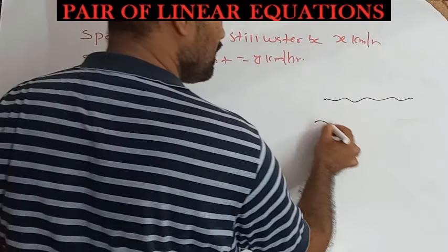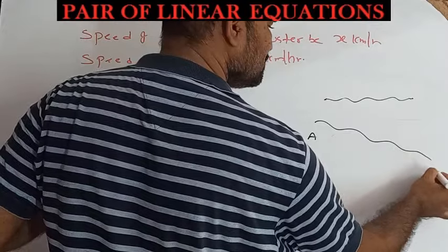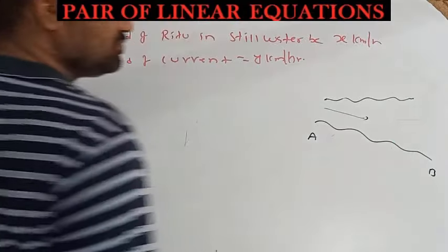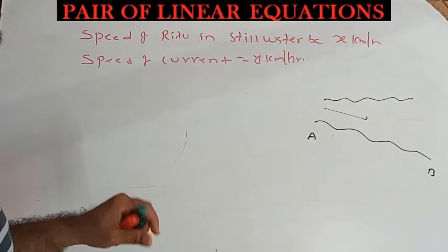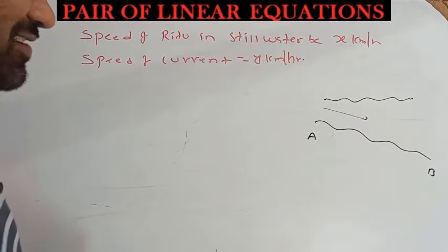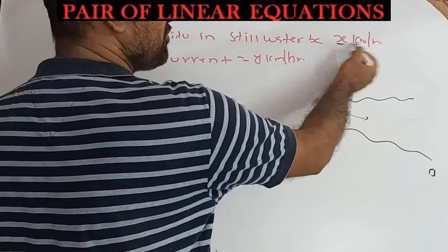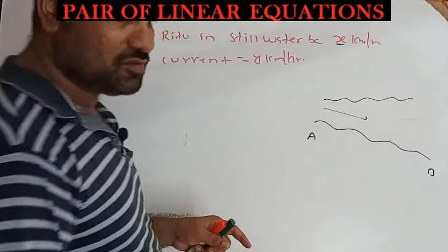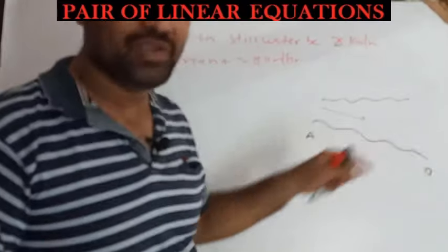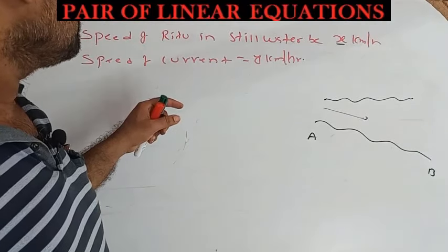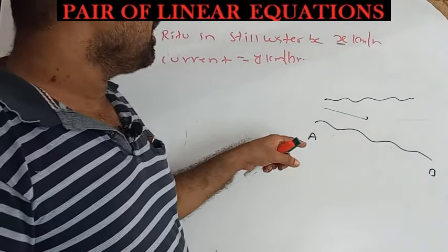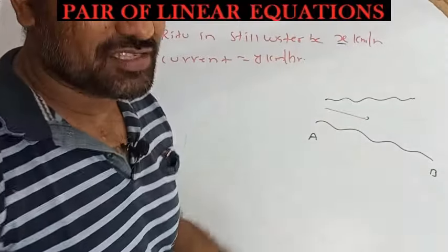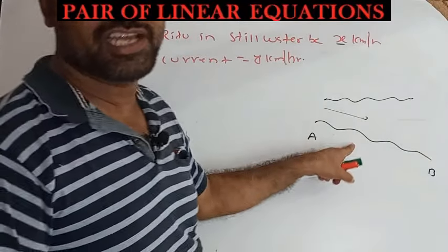If water is flowing like this from A to B and she travels in the downstream direction, automatically her speed will increase. Her speed is x in still water, but the speed of the current is y kilometers per hour. So when Ritu travels from A to B, her speed will increase: x plus the speed of the current, x + y.